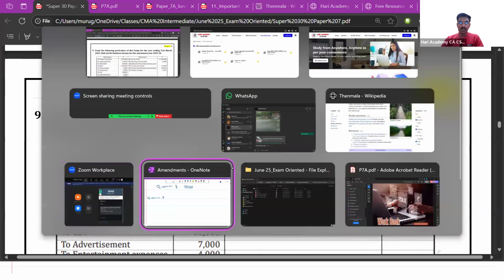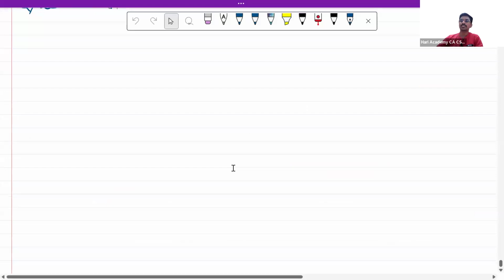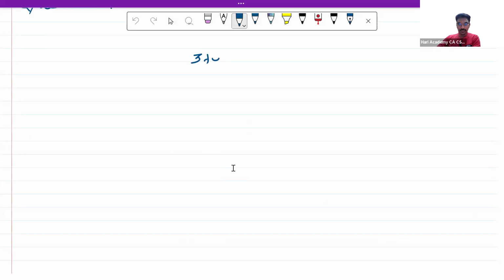As far as PGBP is concerned, generally there are 3 types of questions. The first is a simple, concept based question.